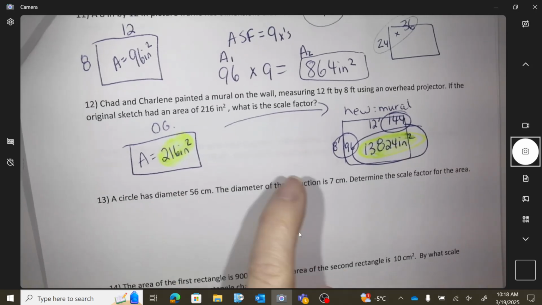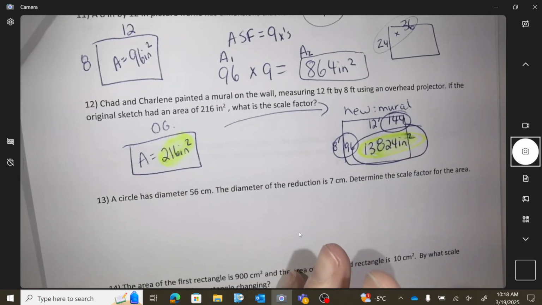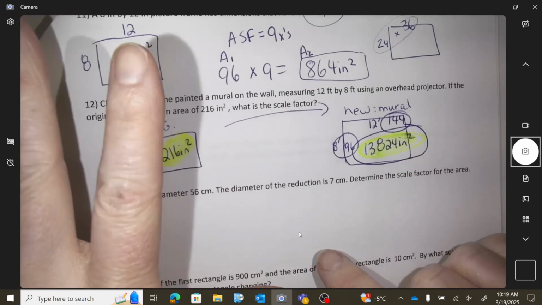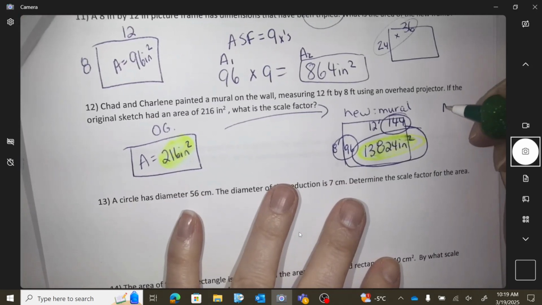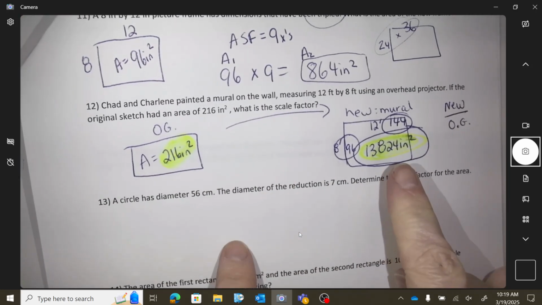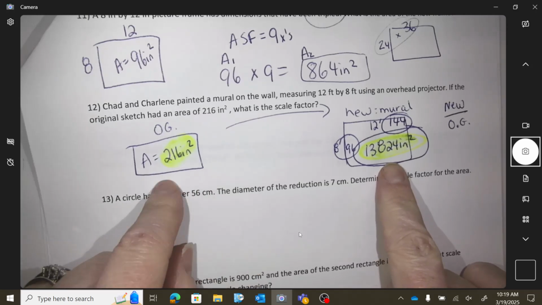Okay, so I've obviously enlarged. I need my scale number to be something more than 1. Okay, I always do it new divided by original. New divided by OG. So give me this area divided by that area.